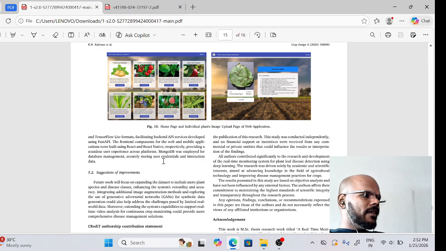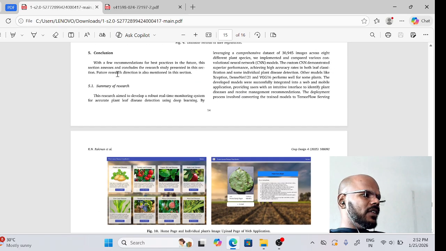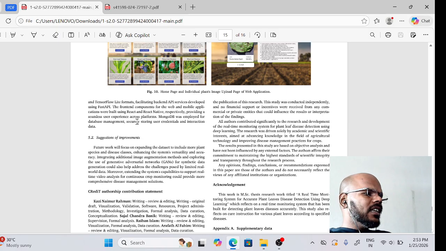Now you see suggestions for improvement are written. There is a summary of the research in the conclusion section, and they wrote something related to this field about what they need to do in the future.